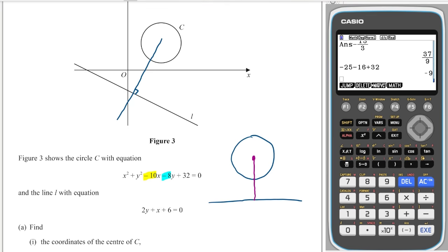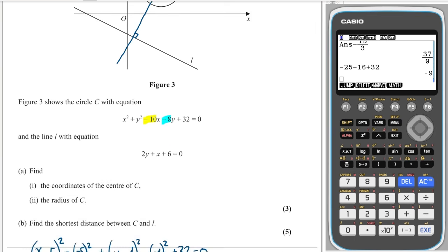So essentially what I'm looking for is this straight blue line here, that goes through the centre and is perpendicular to the line. So let's find that. First off, let's take this line, let's find the gradient, and then let's take the negative reciprocal.